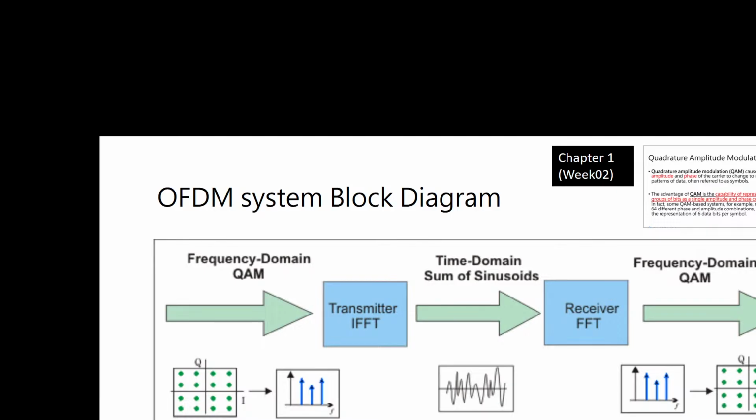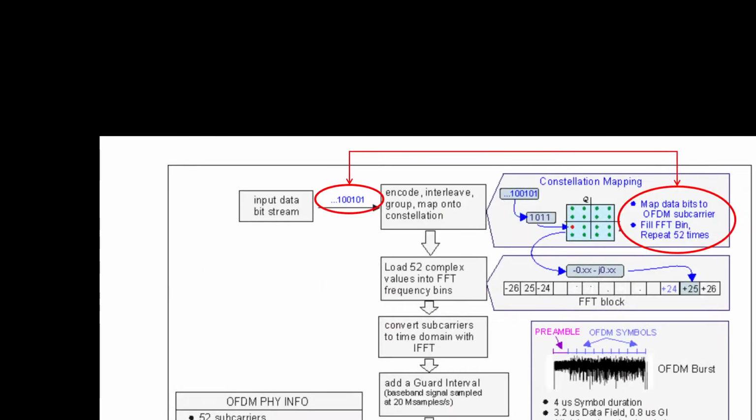We convert the data to frequency and transmit it in the time domain, and receive it, and in the frequency domain we get the data.